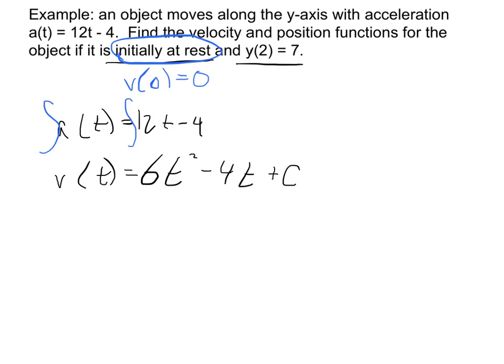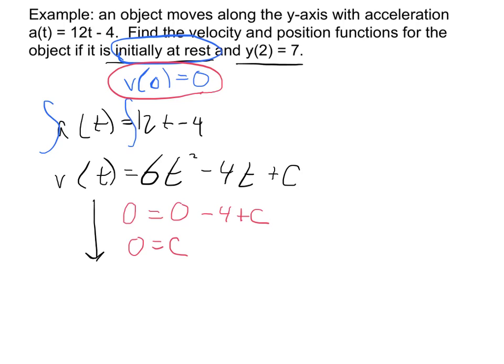Well, right up here we have information about v. We know that when I plug in 0, I'm supposed to get 0. So I can say 0 equals 0 minus 4 plus c, which means c is 0. It basically means that I can rewrite my velocity function.